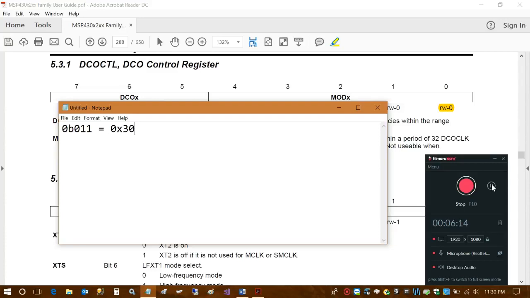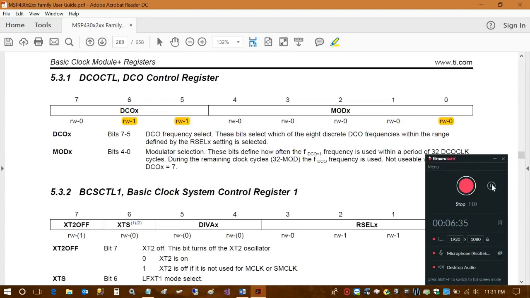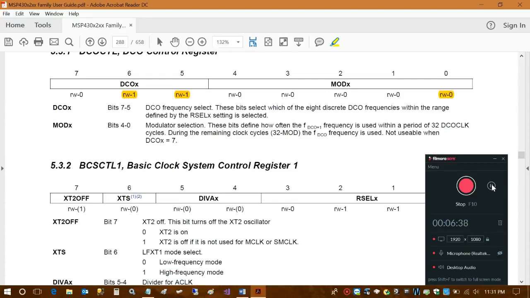So that is the standard value after the power-up condition, that is 0, 1, 1, and all the rest will be 0 for the modulation values. So that is how you configure the DCOCTL register.